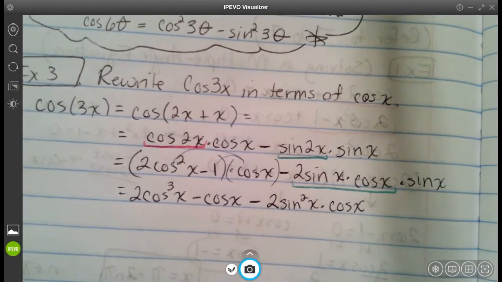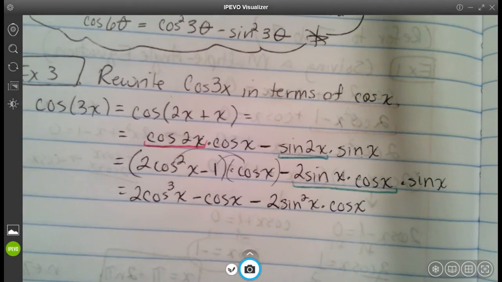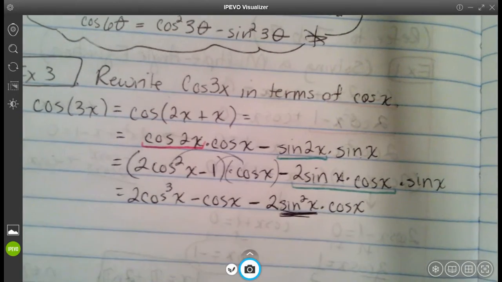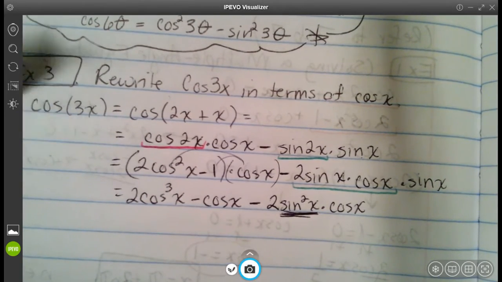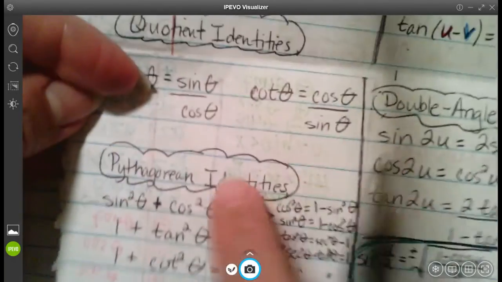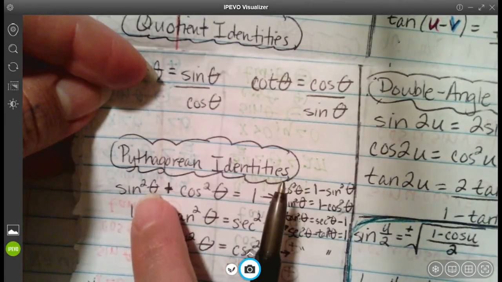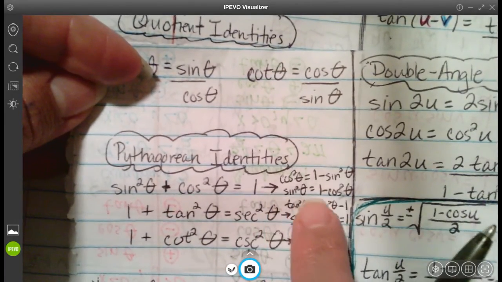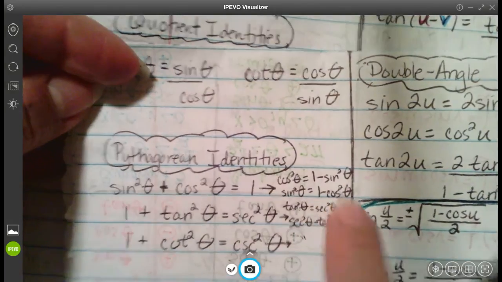Why am I doing that? Well, because I know from my Pythagorean identities that sine squared of theta can be written in terms of cosine, and I rewrote it over here. It's equal to 1 minus cosine squared theta.